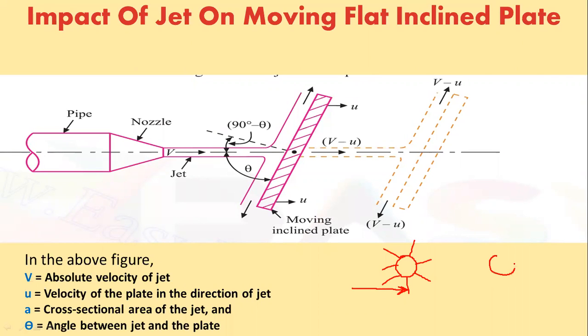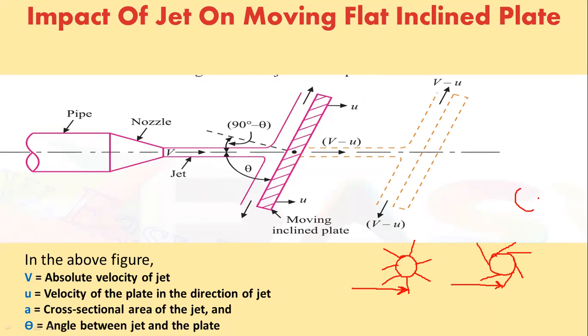Now instead of the flat vertical plates, I will have plates which are in an inclined position, in this form. And what is going to happen, the jet is going to strike the plate in an inclined position.